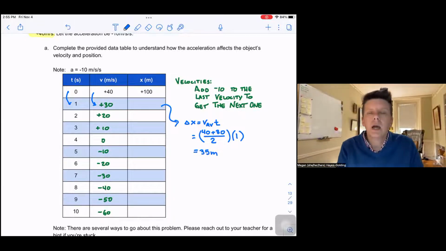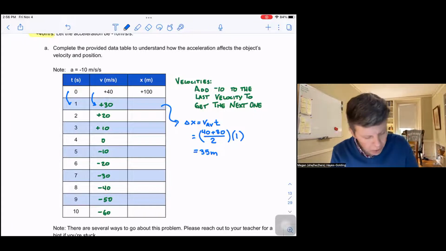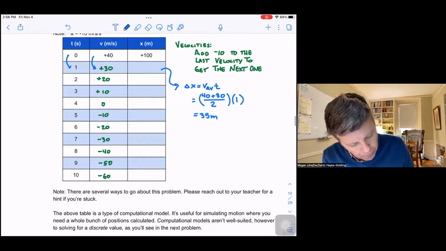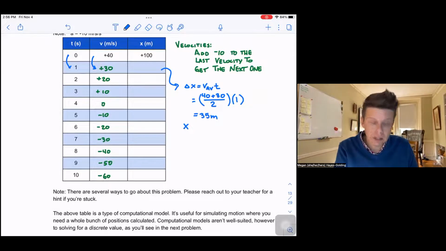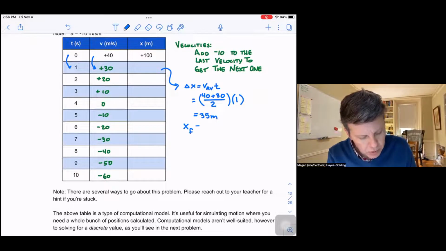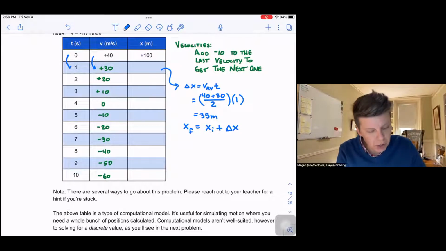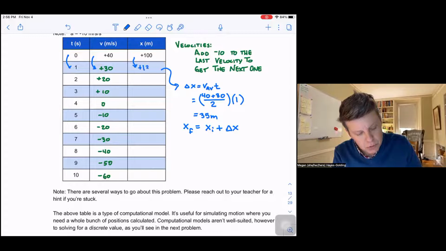Okay. I'm going to displace 35 meters from where I started. So the position later on, the second position, is the initial position plus the displacement, right? So we're going to start at 100 meters and we're going to add 35 meters.